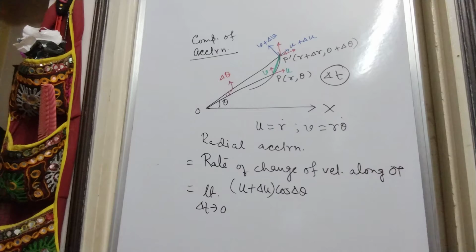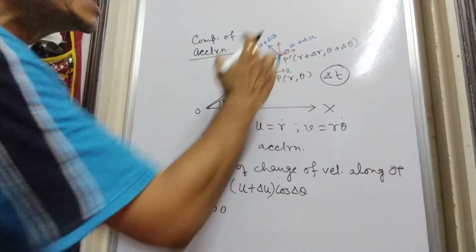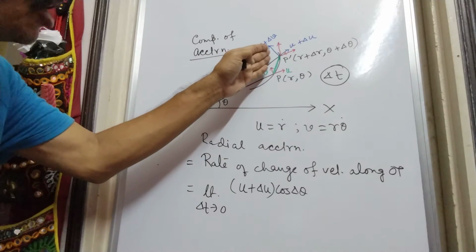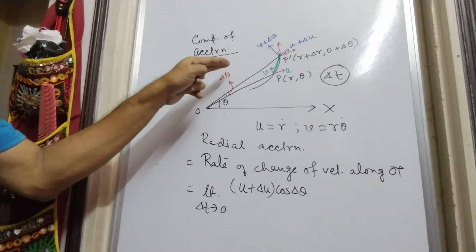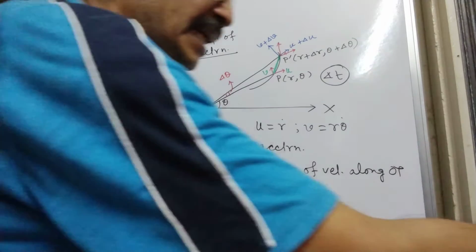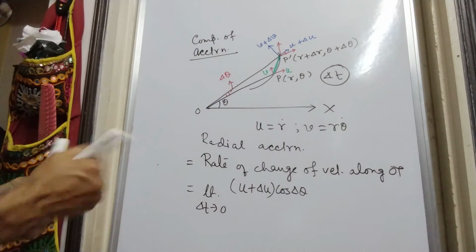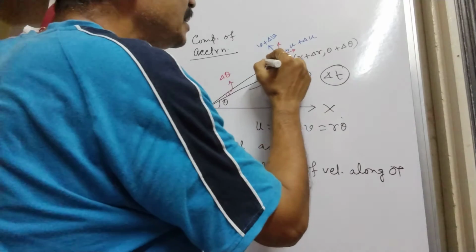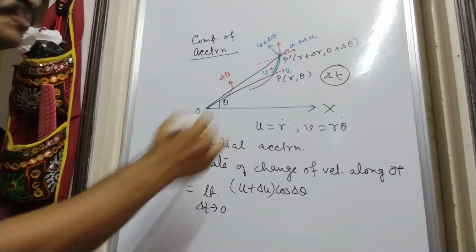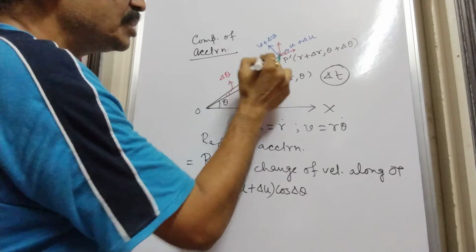But not only that, since v plus delta v is also the cross radial velocity, it will have a component along the red line, isn't it so? Let us extend this red line and try to understand. See, this red line can easily be extended. This is actually parallel to this line. So v plus delta v will have a component along this, isn't it so?